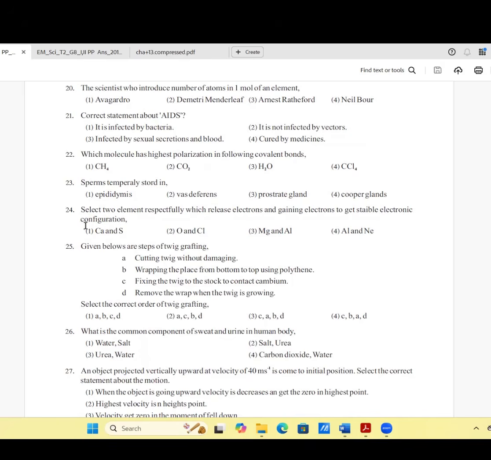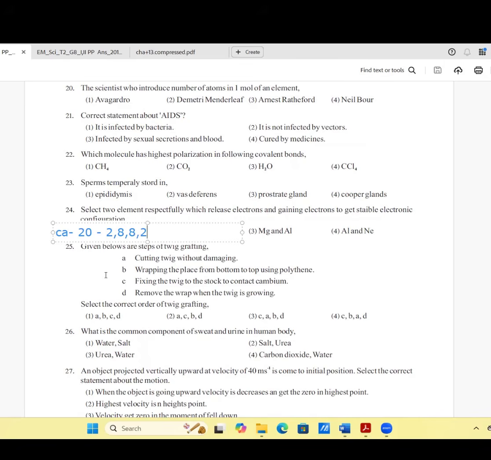In the outer energy level of calcium, they contain 2 electrons. So calcium should release these 2 electrons to be stable. And sulfur, the electronic configuration of sulfur. First of all, we will write the electronic configuration of calcium. Atomic number is 20. So the configuration is 2, 8, 8, 2. Then the outer energy level has 2 electrons.